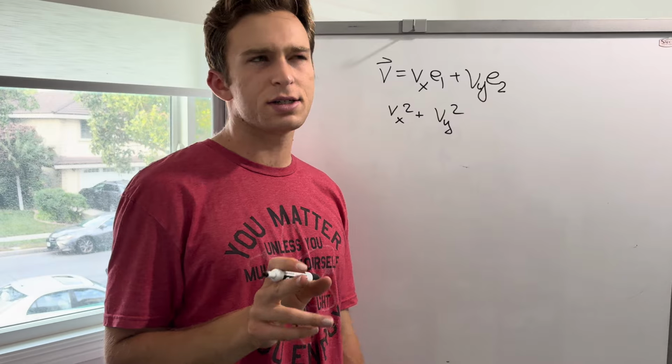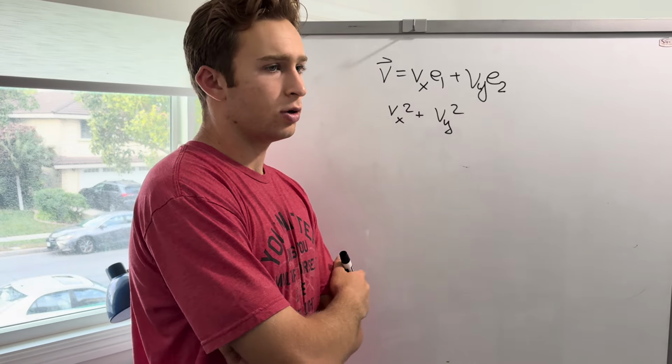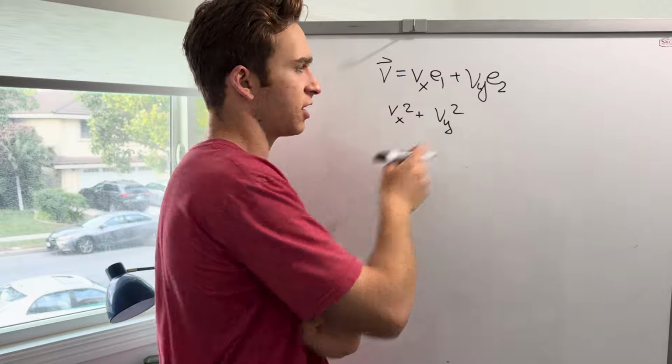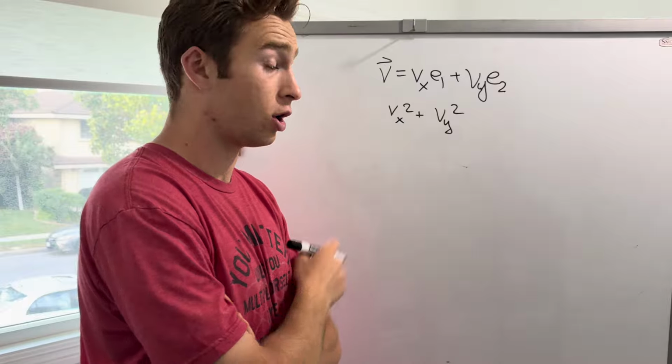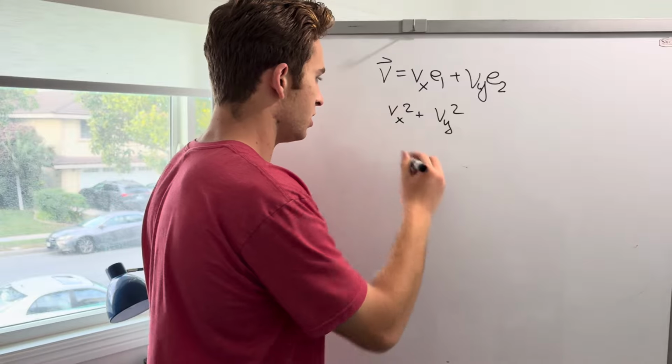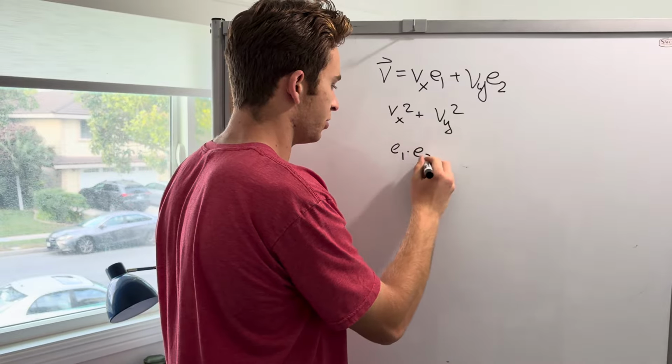And that is technically true only if the two basis vectors e1 and e2 are orthogonal. What does that mean? That means that e1 dot e2 equals 0.